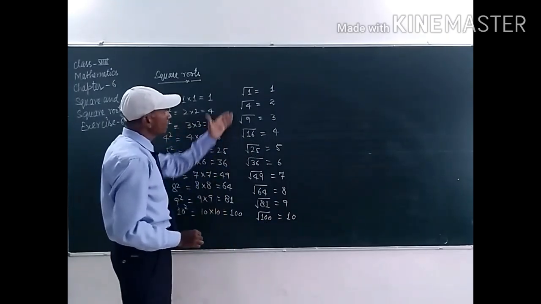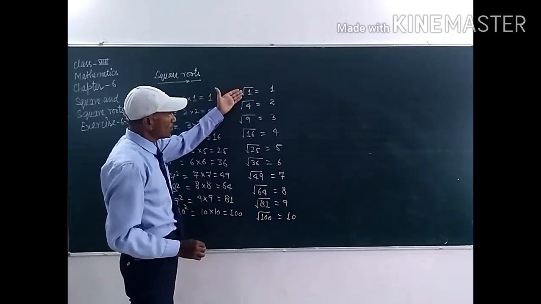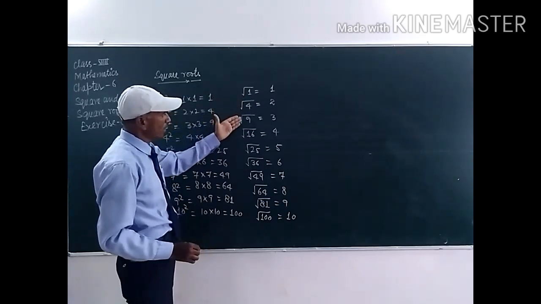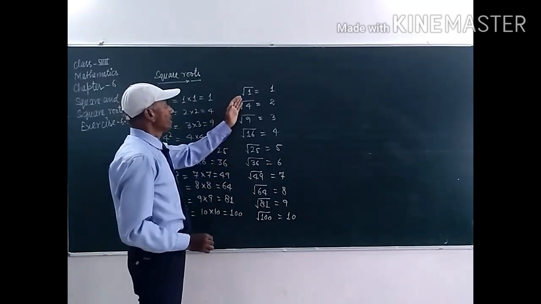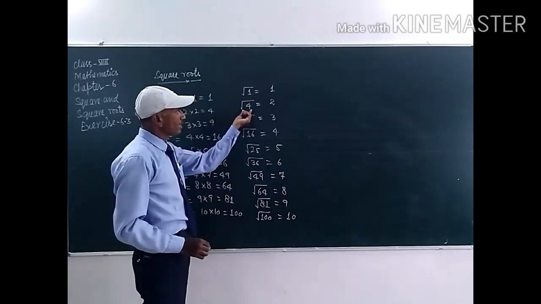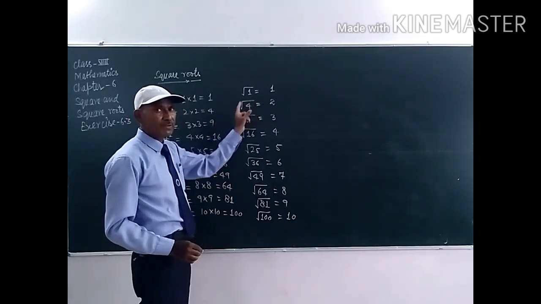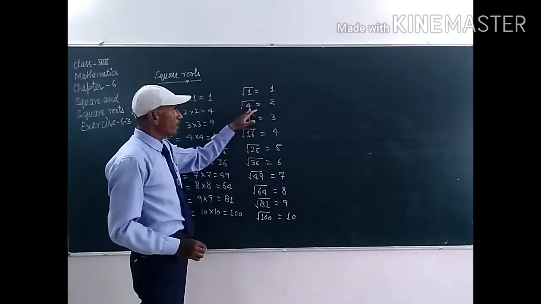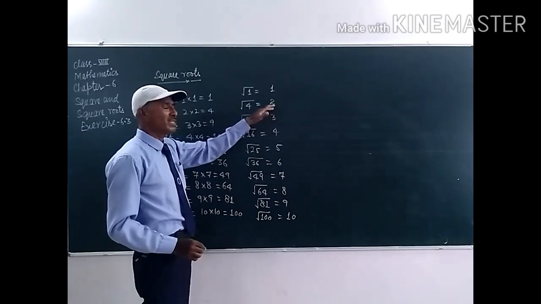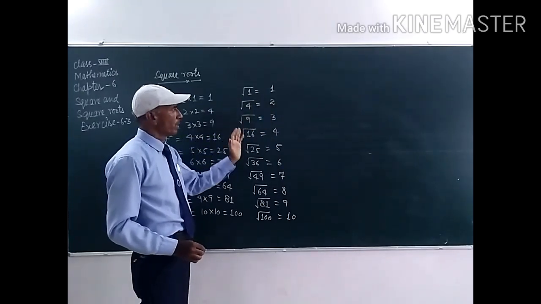Clear, student? So the number whose square is this number is the square root of this number. Clear, student? 4 is the square of 2, so 2 is the square root of 4.